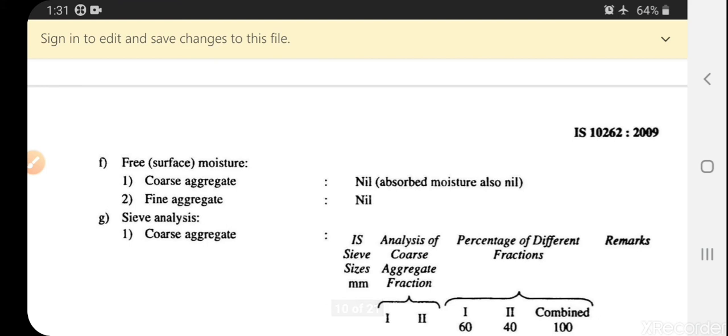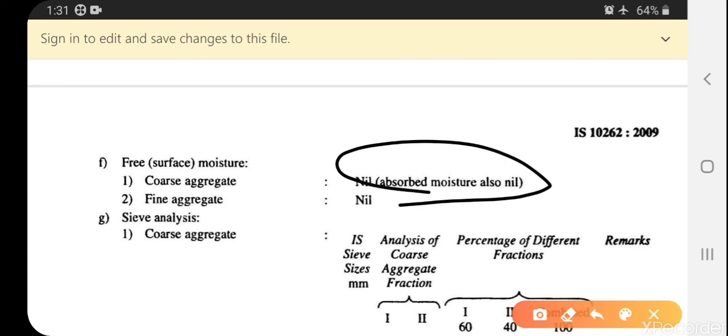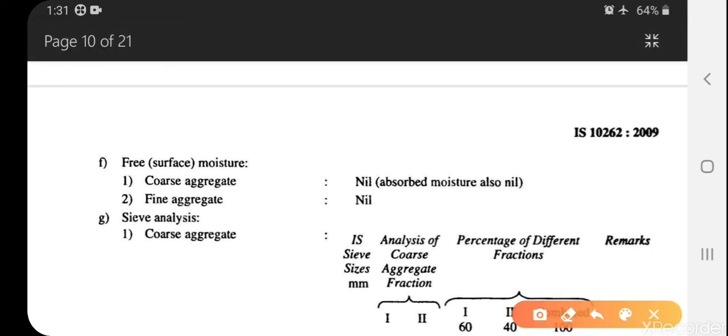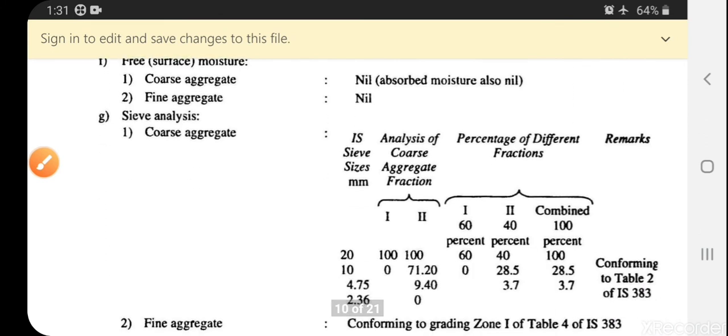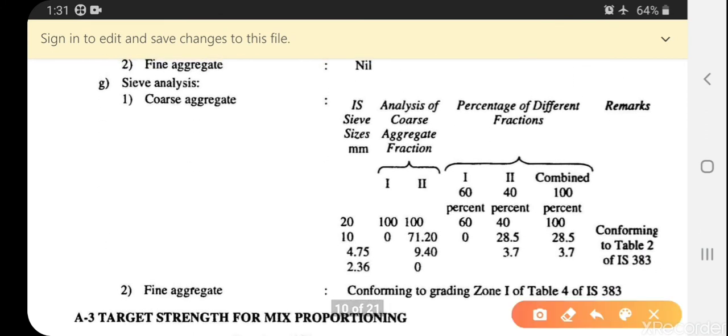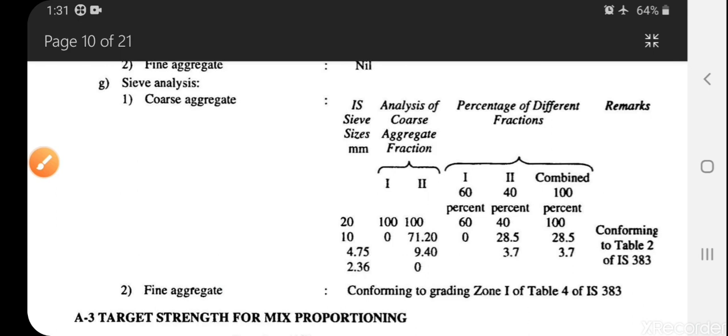So next, free surface moisture. For coarse aggregate, here they have taken nil. Fine aggregates also nil. Next, sieve analysis. For sieve analysis of coarse aggregate, sieve sizes 40, 20, 10, 4.75 and 2.36. Analysis of the coarse aggregate fraction 1 and 2, and the percentage of different fractions 1, 2 and combined.